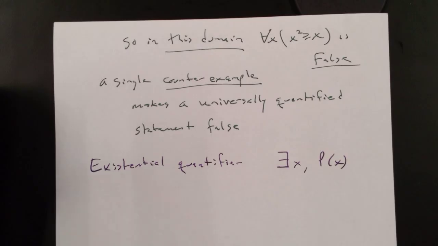So, how would I read this sentence? I'm saying something exists. I want P of X to be true. What this says is there is such a thing. Somewhere out there, there's one that exists that you can find and put it in, and it works.